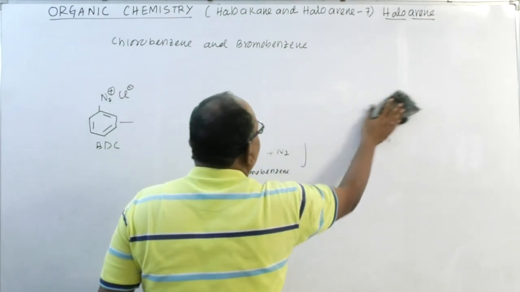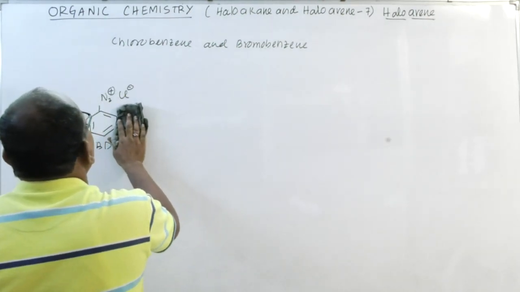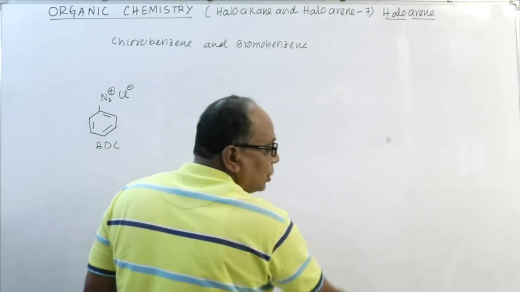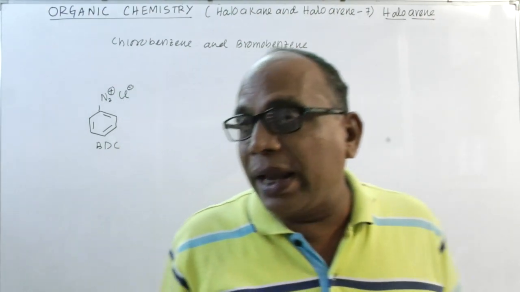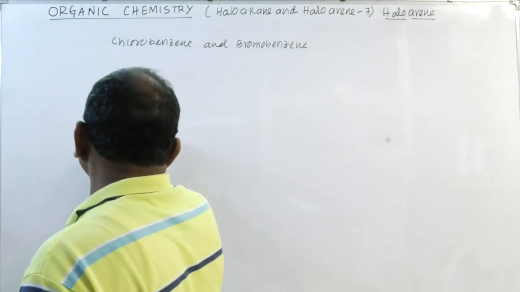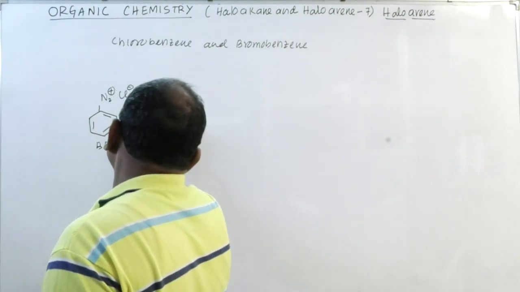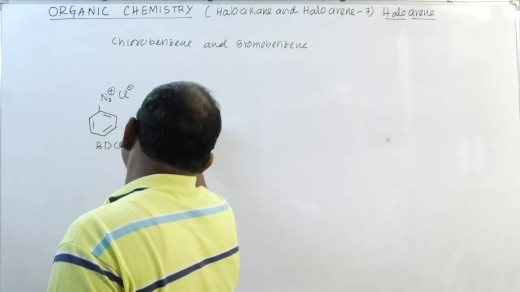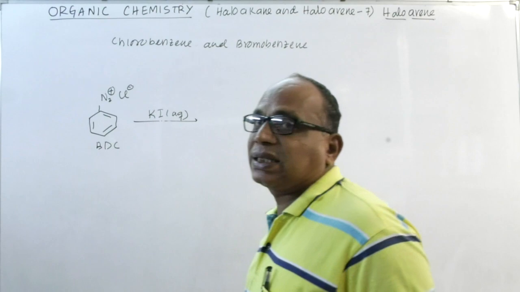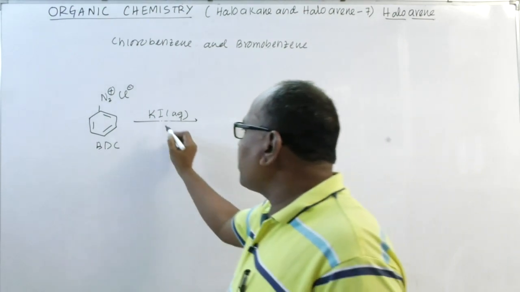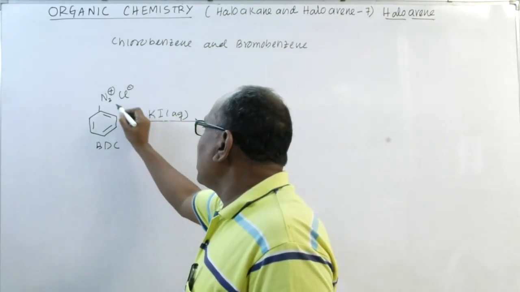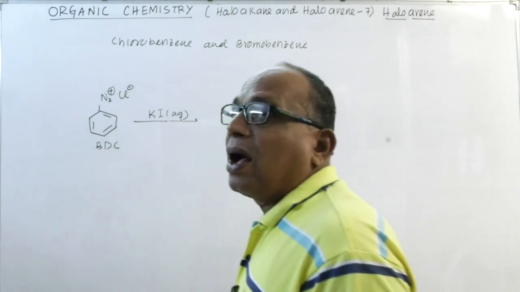And iodobenzene can be synthesized from benzene diazonium chloride by the action of aqueous potassium iodide. When you treat with aqueous potassium iodide, this group is substituted by iodine.